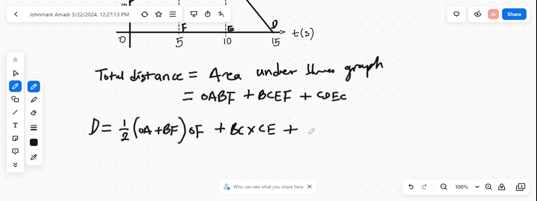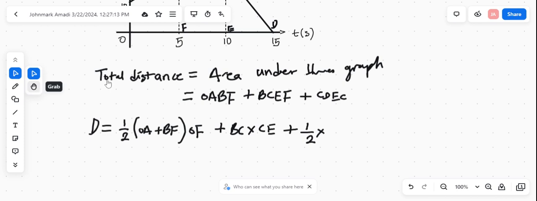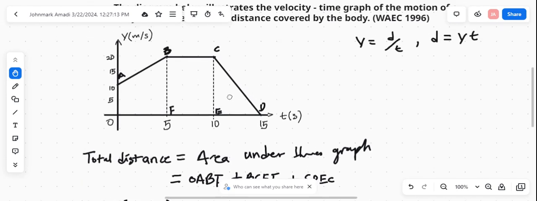Plus the area of a triangle is a half of the base. So which of these is the base? The base could be either CE or ED. So a half of CE times what?